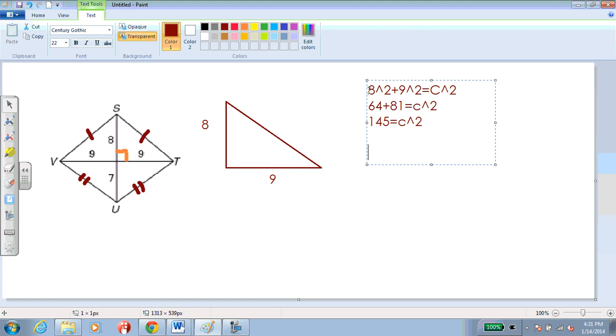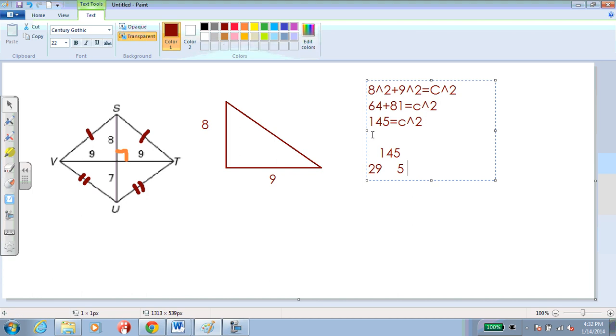Now, when I square root both sides, I do not believe that 145 is a perfect square. So I will need to reduce this radical if I can. So I'm going to make a factor tree. I know that 5 divides into 145 29 times. But since 29 and 5 are both prime numbers, I can't reduce this radical any further.